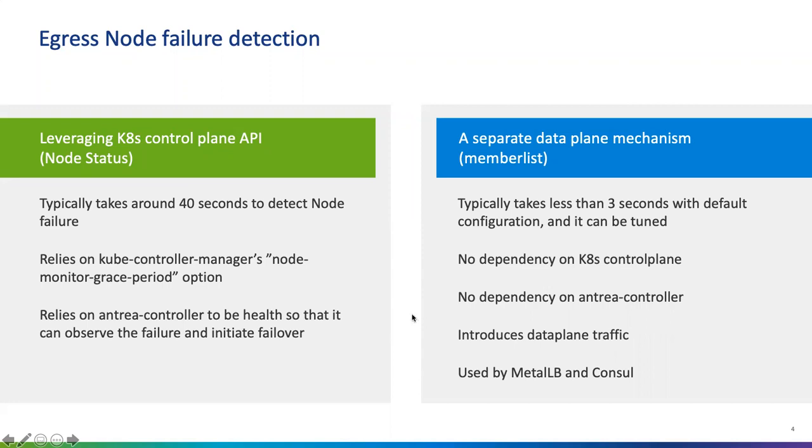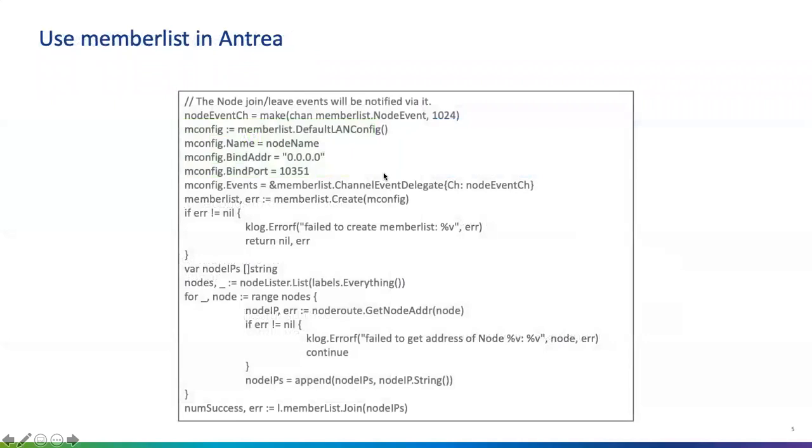And so in this proposal, we would like to use the second approach, memberlist, to do the node failure detection, to reduce the failover time and have less dependency on Kubernetes control plane. I tried some code to do this in Antrea.